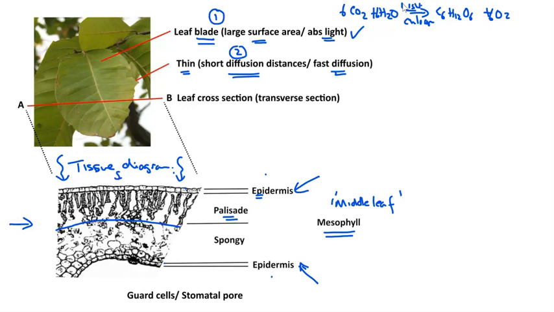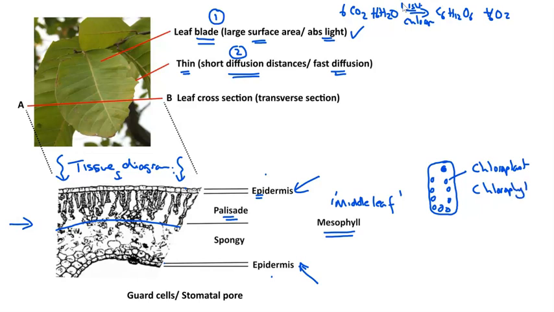And the Palisade layer contains Palisade cells, which typically are column-shaped like so. And they tend to have many chloroplasts concentrated in those cells. And those chloroplasts, of course, contain chlorophyll.